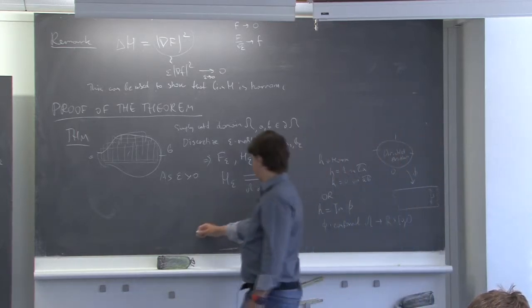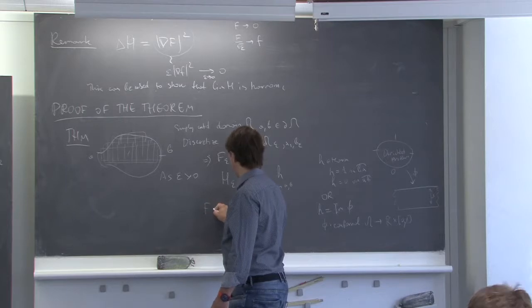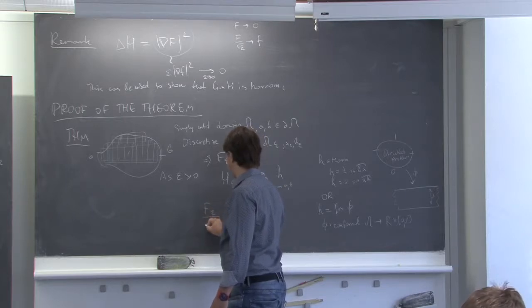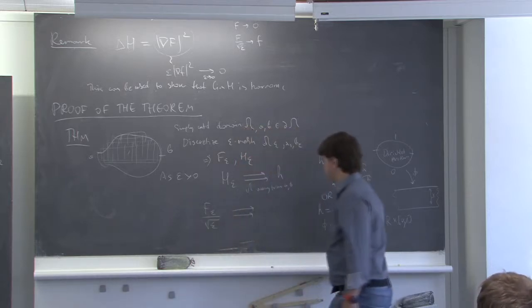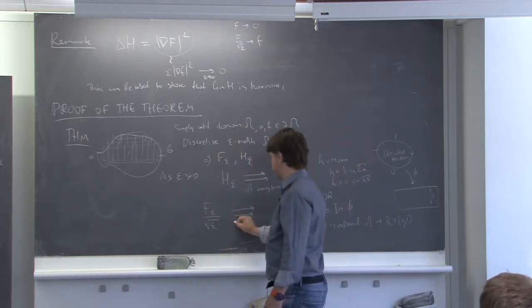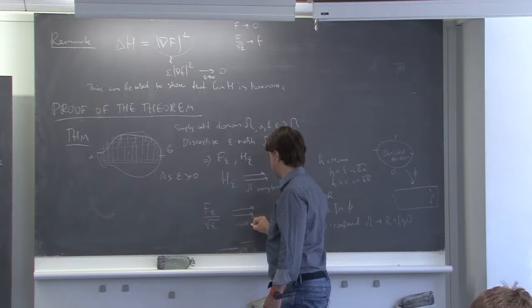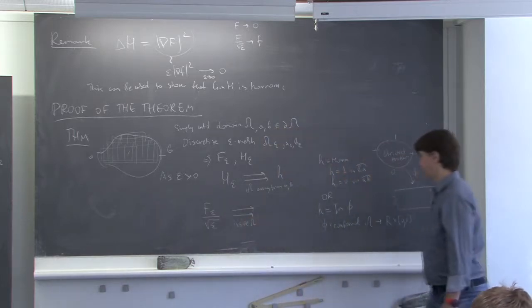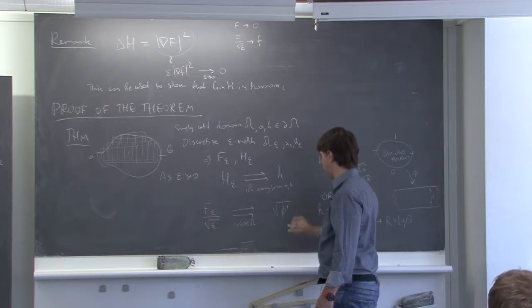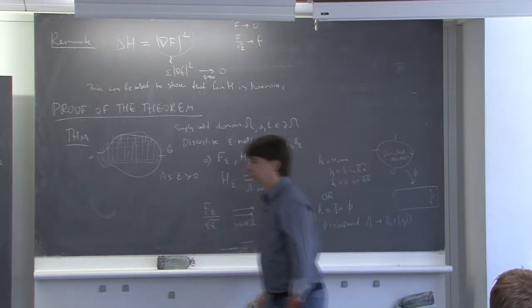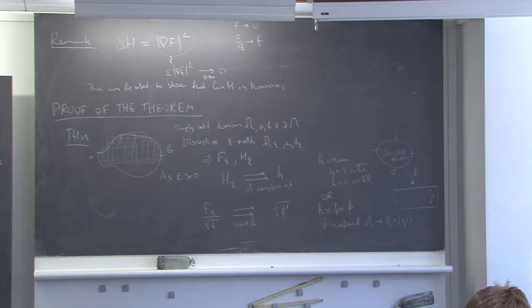And what happens with f is that f epsilon over the square root of epsilon tends uniformly inside omega to the square root of 2, I think. Yes, square root of 2.